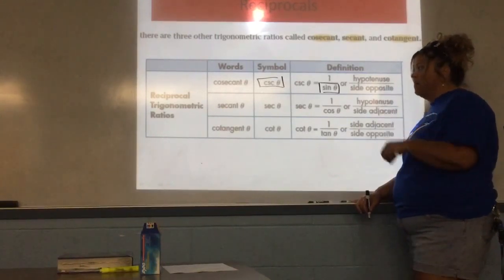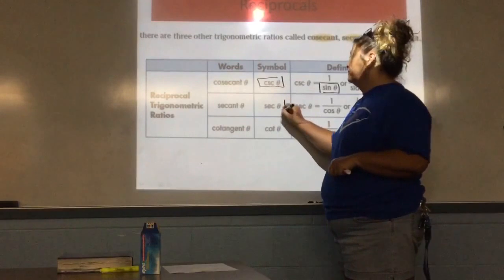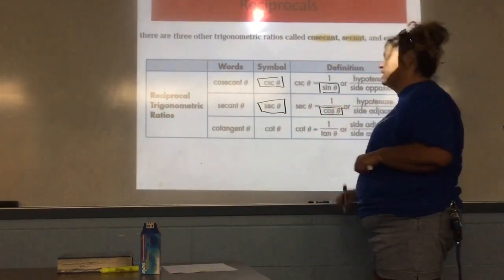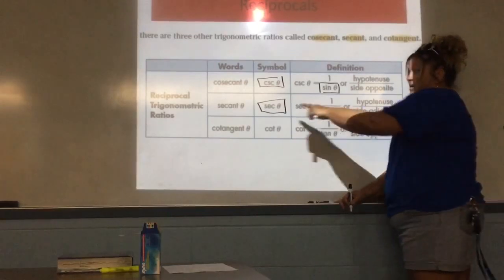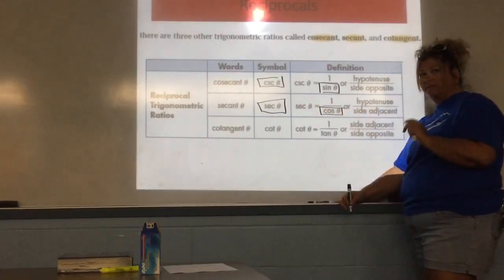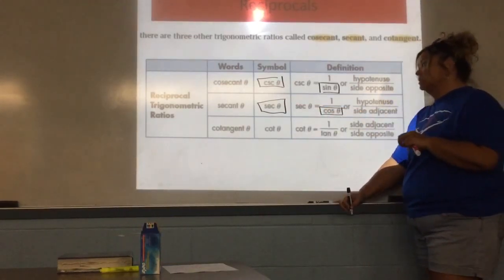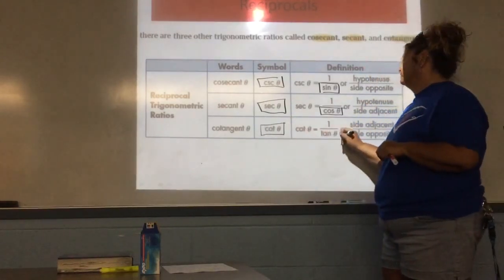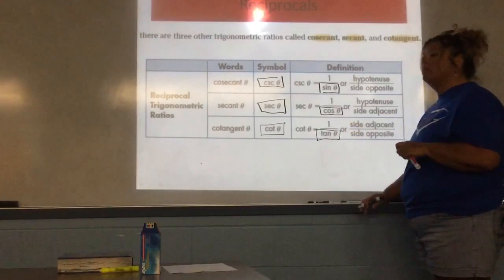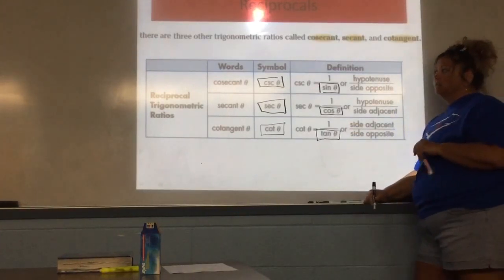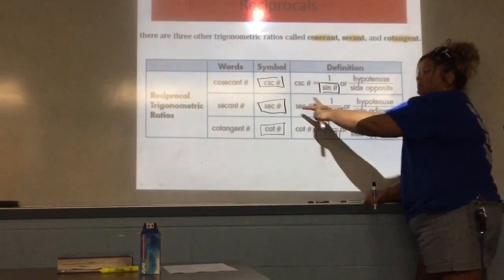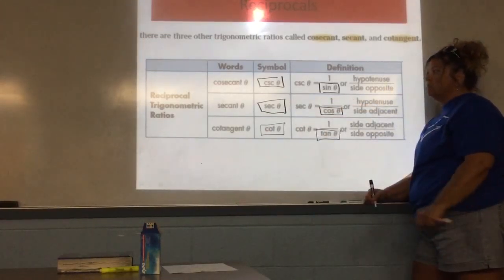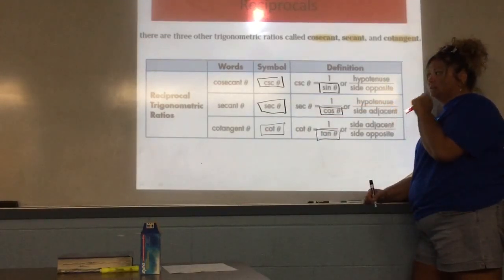You can't have a C and a C. Secant is the inverse of cosine, S with a C. Now tangent and cotangent are inverses of each other. A lot of people want to put these two together like that, but remember: S with a C, C with an S.